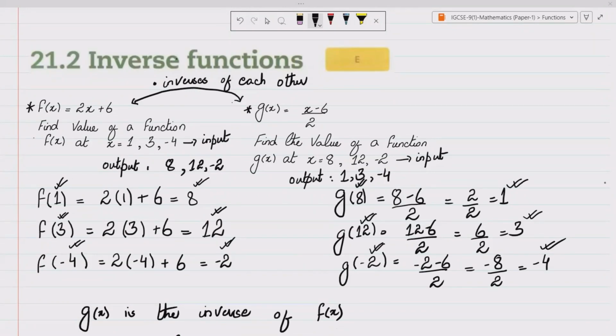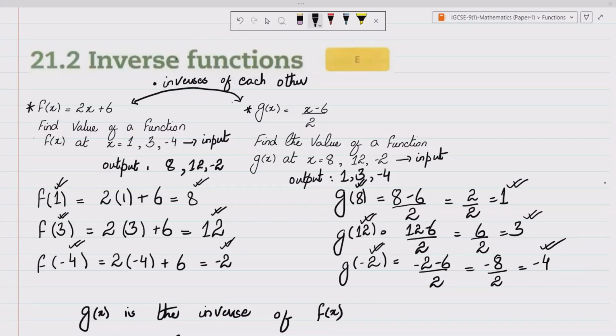So if we are given two functions and we have to check whether these two functions are inverses of each other or not, what do we have to do? We take f of x, put in the inputs that are given in the question, and take the output. Then we take g of x, put in the inputs given in the question, and take the output.